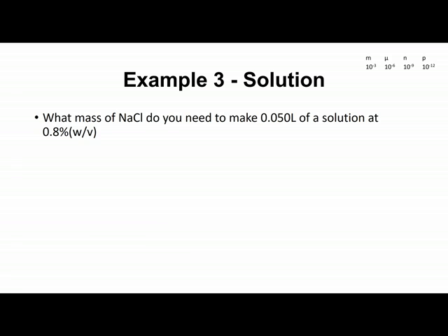Well, we know that percent weight over volume means grams of solute over 100 milliliters of solution. So this corresponds to 0.8 grams of solute, sodium chloride, per 100 milliliters of solution.